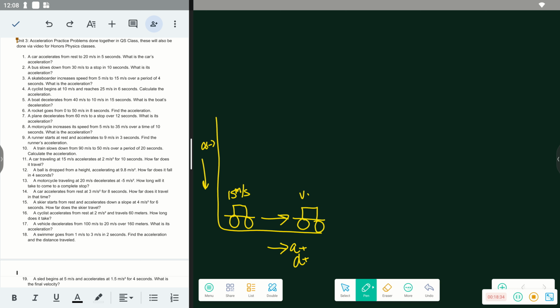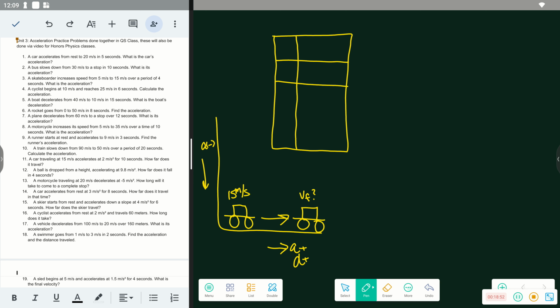We don't know what the final velocity is. And we know that the acceleration is 2 meters per second squared. So let's make this chart. VI, VF, acceleration, time, and displacement. Initial velocity, 15 meters per second.